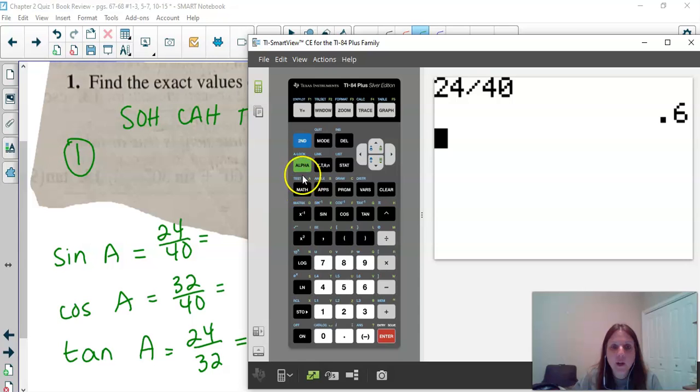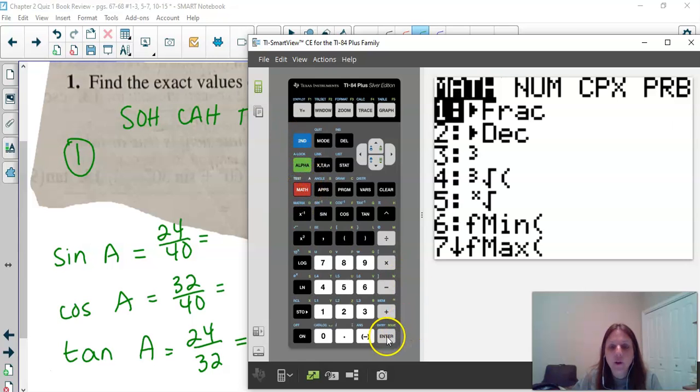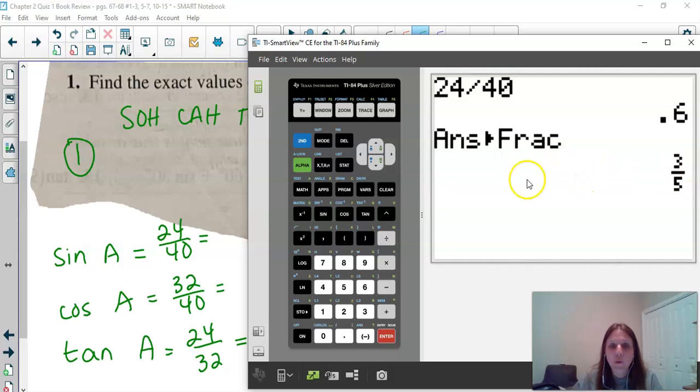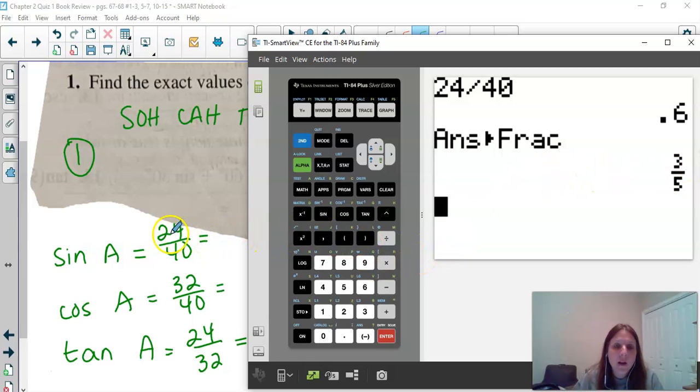The math key is up here right below that green alphabet key, and then you hit enter, enter. It's going to take your answer and turn it back into a fraction in lowest form, and that would be 3 over 5. So you could just type it in, 24 divided by 40, math, enter, enter, and you reduce the fraction.